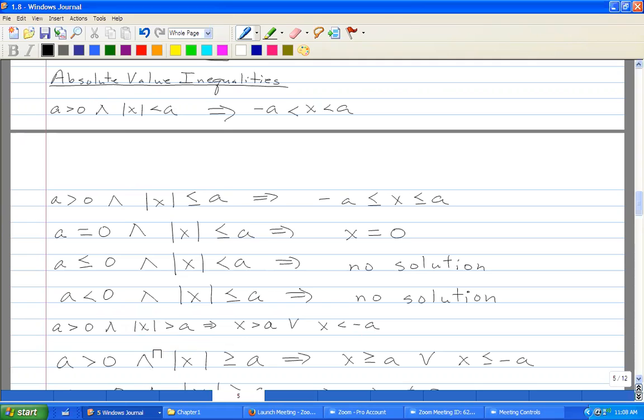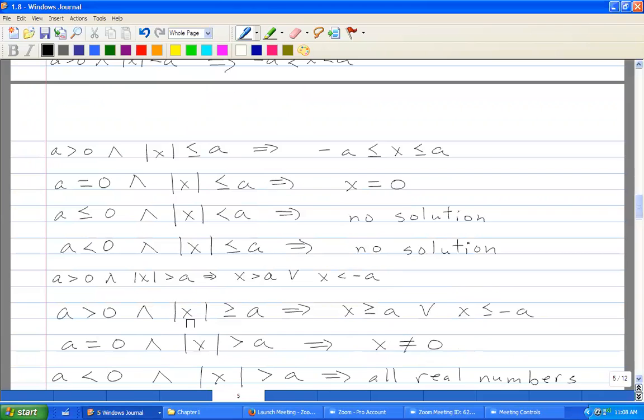Multiply both sides of your inequality by -1, so then x is less than negative a. Similarly, if I want to solve the inequality absolute value of x is greater than or equal to a, where a is positive, then x is greater than or equal to a, or x is less than or equal to negative a.